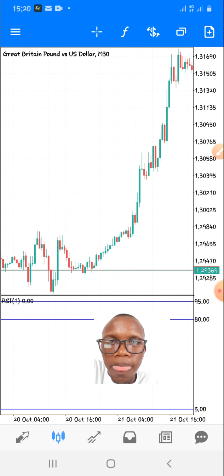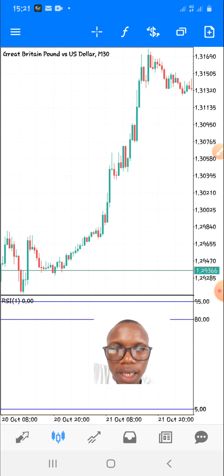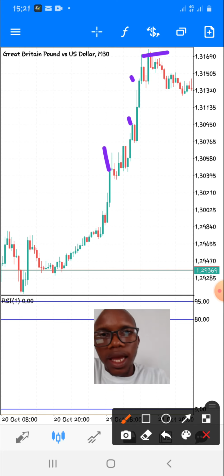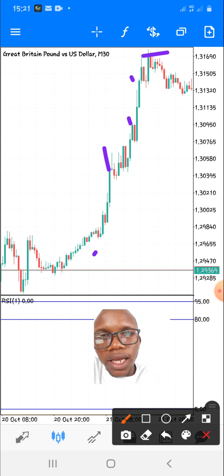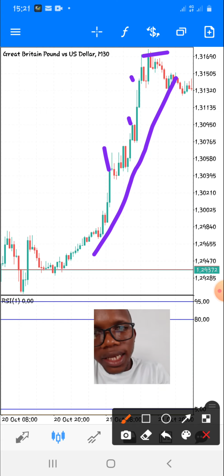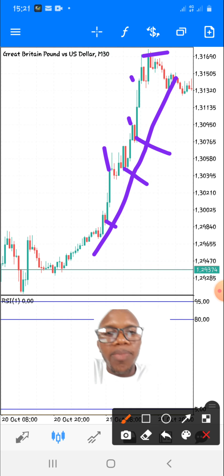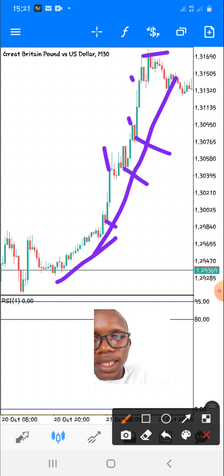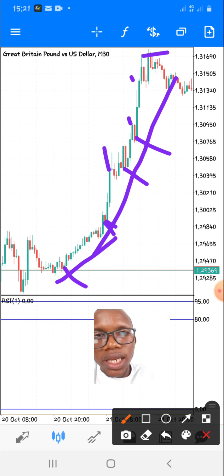You see here, if the price is higher high, higher high, higher high, and keeps on testing this area, it means the price is going high, because the price has tested here once, twice, third time here the price is up.